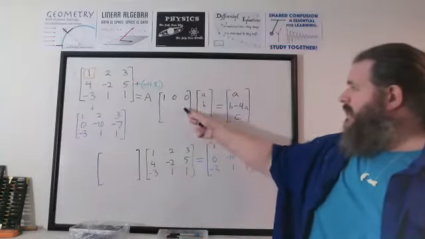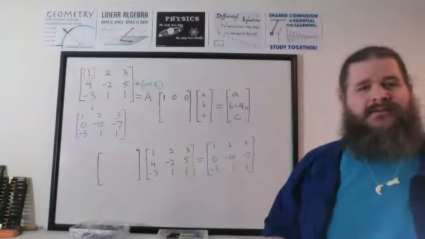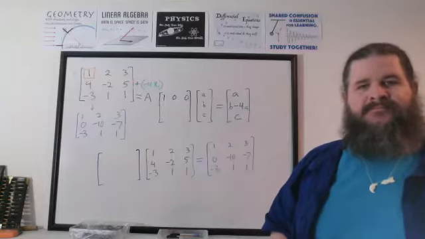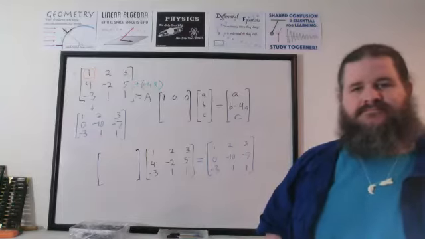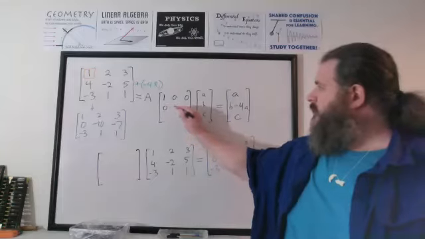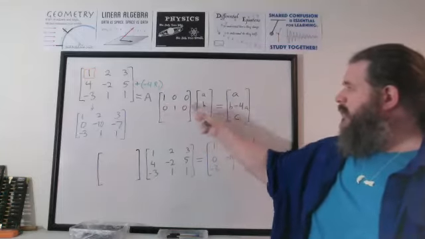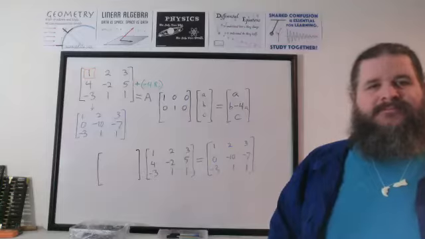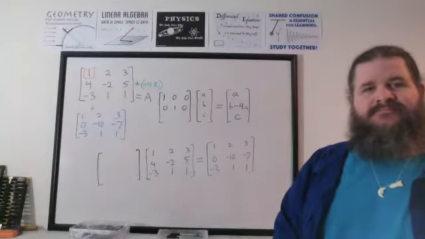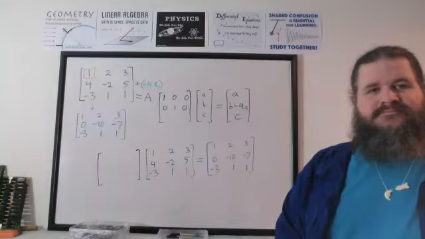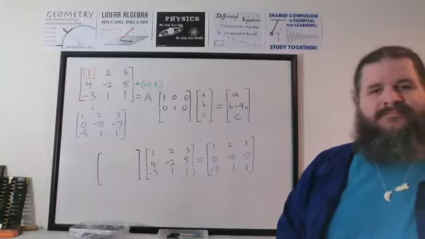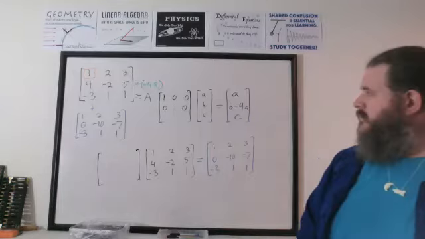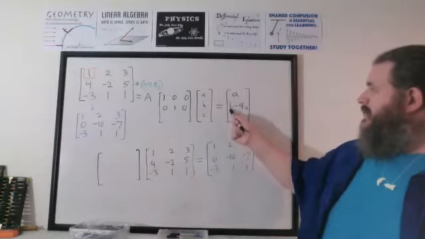So what should the second row be to create B minus 4A that we want? If we have 0, 1, 0, what's going to happen when we multiply this row by this column? It would be B. It would end up being B. Yeah, that would just be B, but we want B minus 4A.